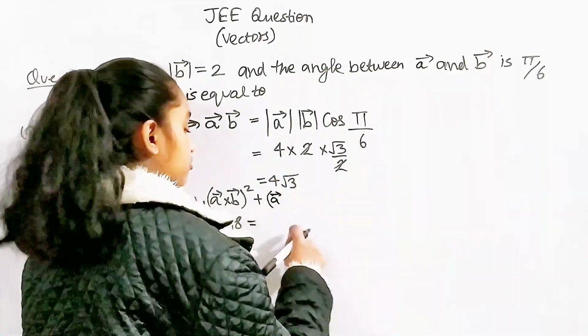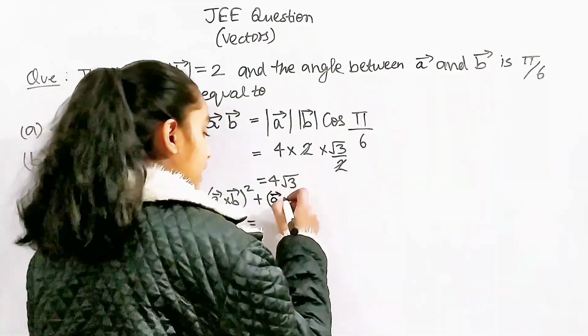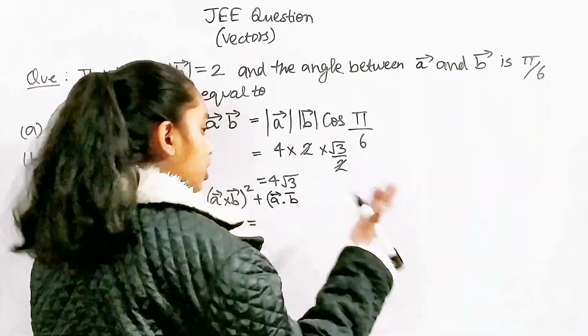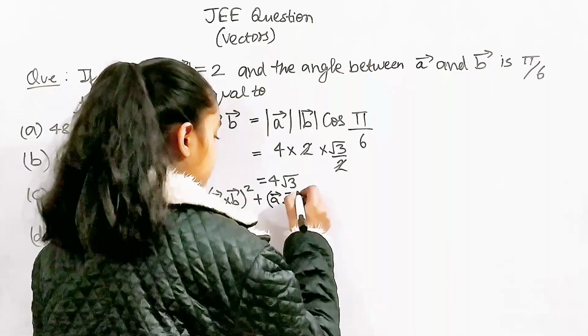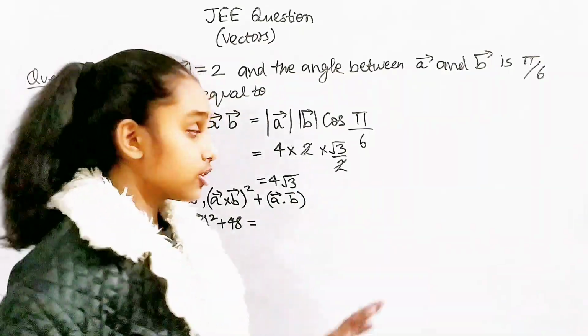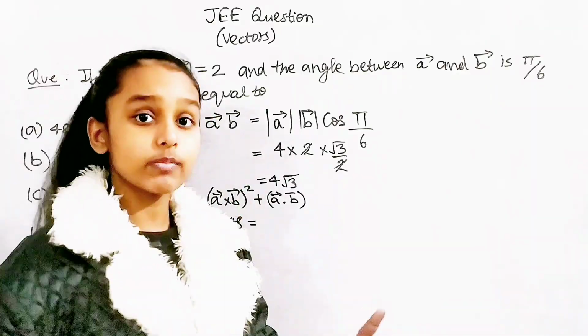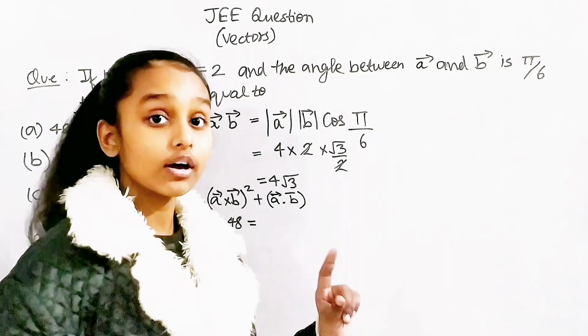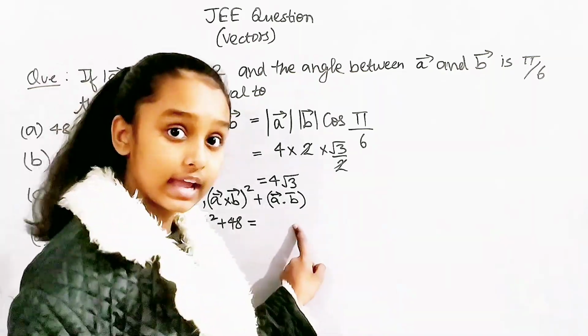So vector A dot bar B, or conjugate, whatever you can say. But that doesn't really matter, okay?